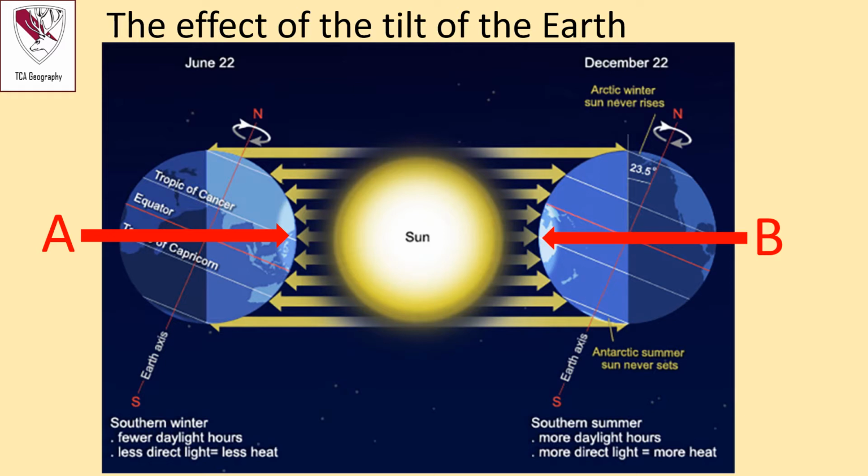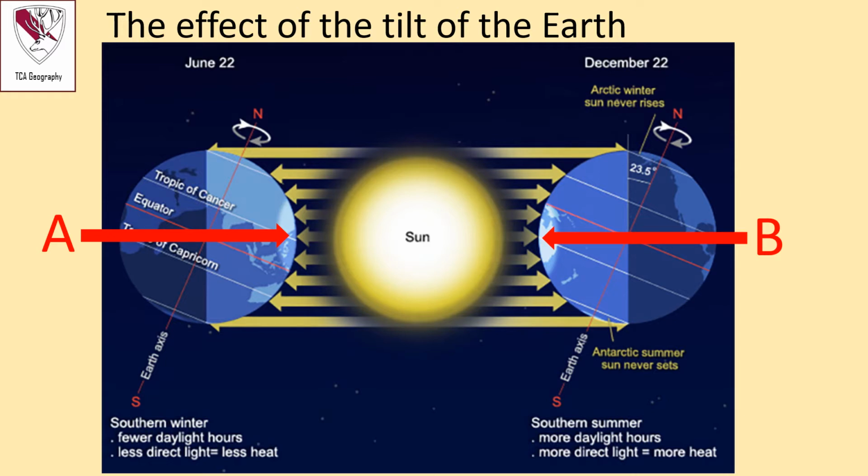So this thing about the wet and much wetter season is caused by the effect of the tilt of the Earth. We just saw on the last diagram how the global atmospheric circulation model meant that the most intense solar radiation was received at the equator.